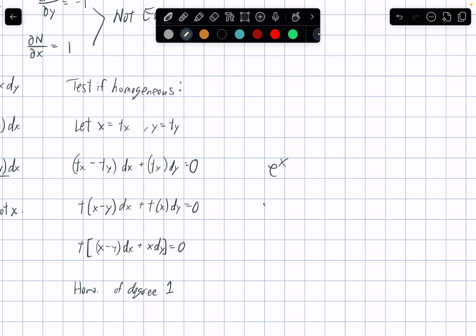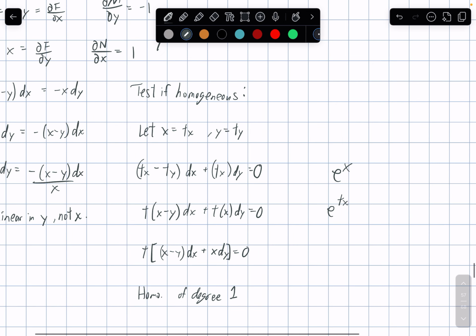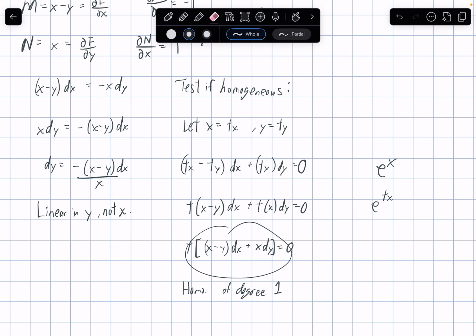So we substitute. X becomes tx. After that, we don't do anything else. And if we cannot remove the t or segregate it, just like how we segregated here.